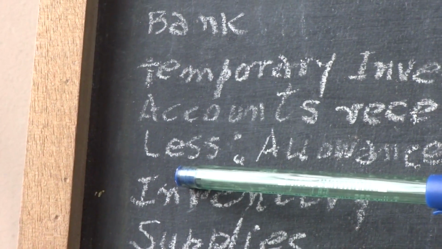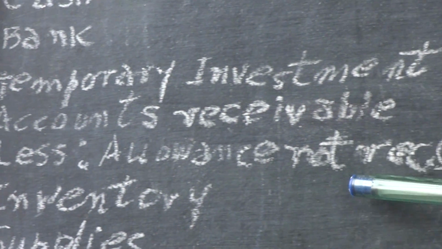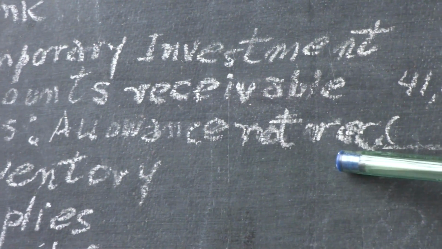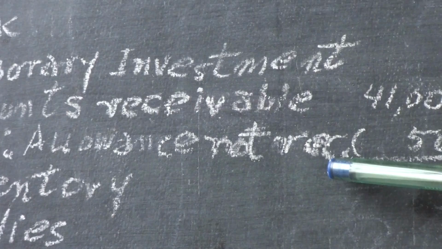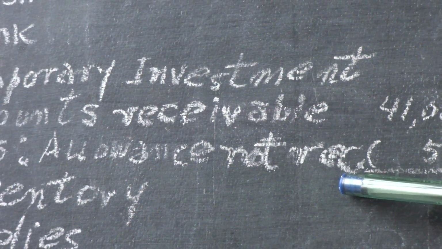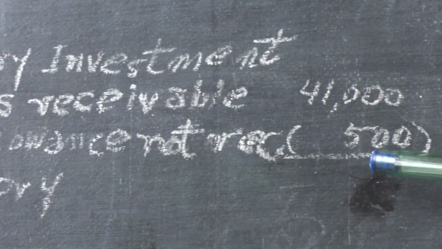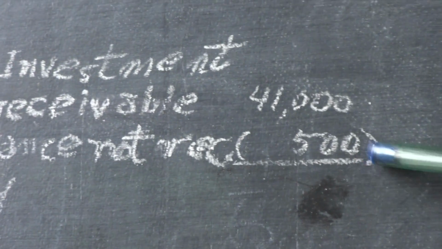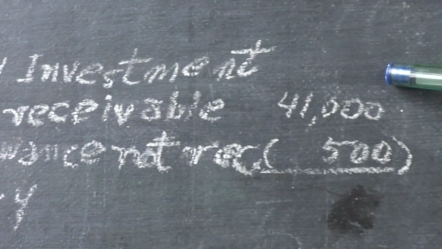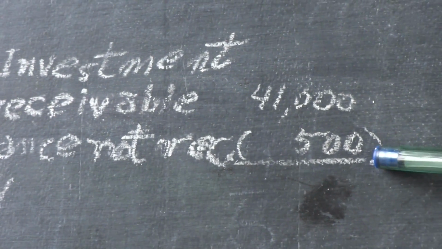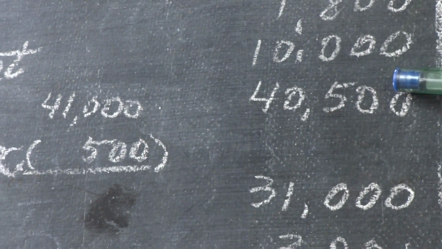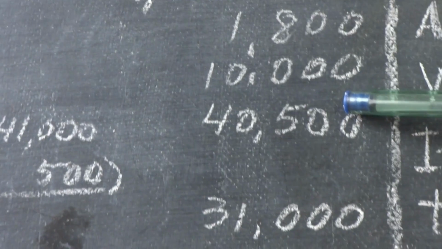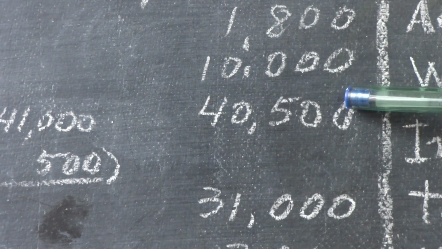Then we have minus allowance for accounts not payable, not receivable, excuse me, for $500. This difference is $30,500.